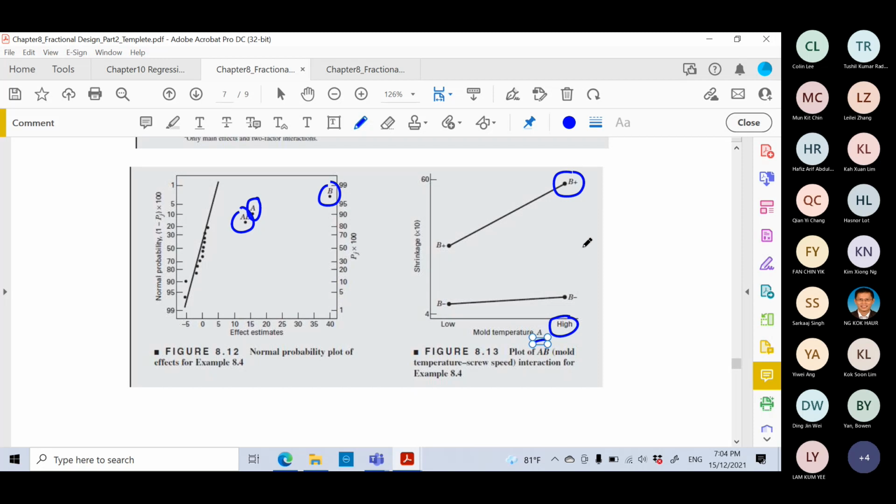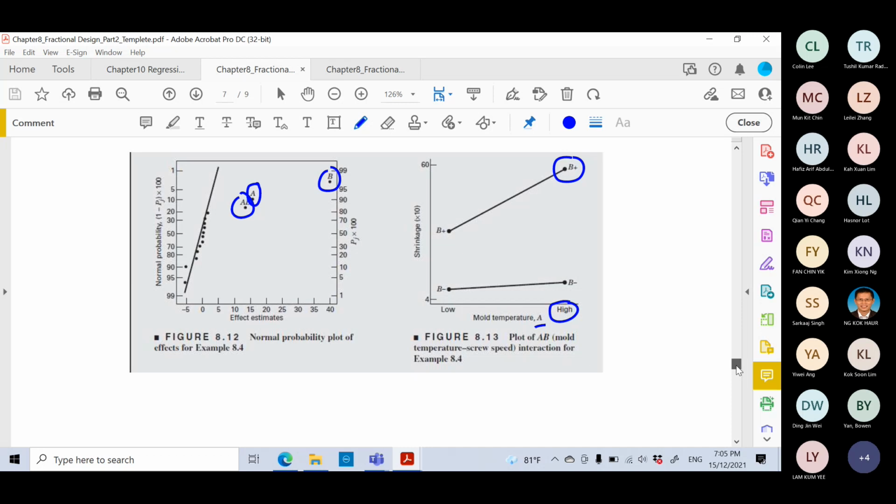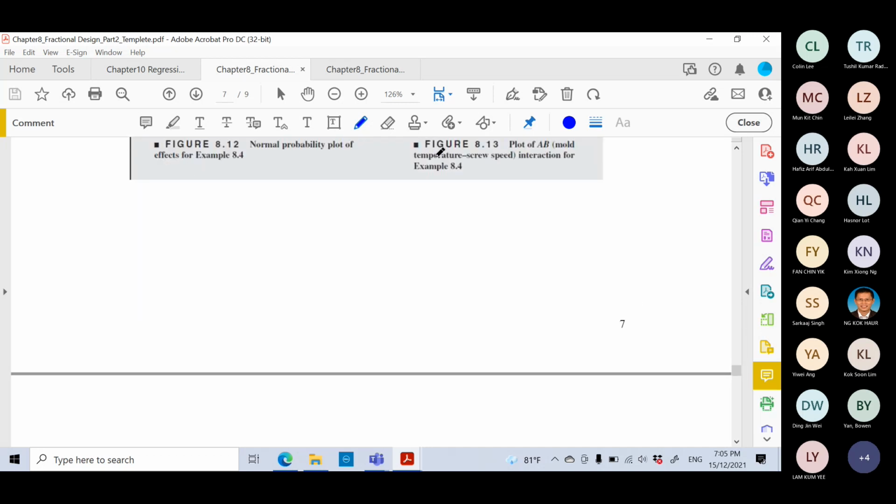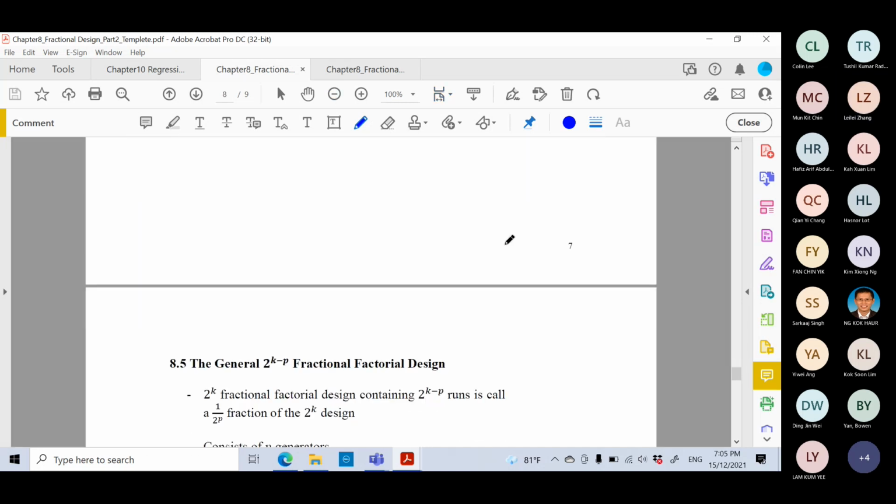Okay, so this one is regarding the 2 power of 6 minus 2 fractional factorial design, where you run a 1/4. Okay.